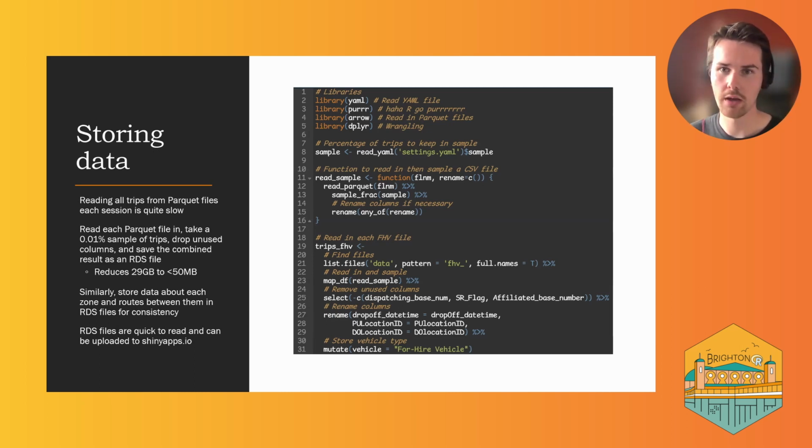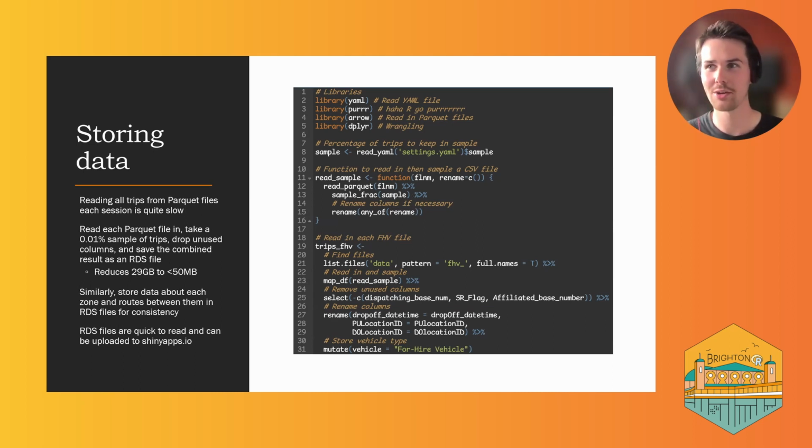So we've got some code here where, if I tried to load all of the Parquet files, combine them, and then take a 0.01% sample, my computer would run out of memory. It can't load all of this data at once. So what we do is we load one file, take the sample of it, stick it onto the collection, and then go through all the files rather than taking the sample at the end. And you can see I've got this nice little function that reads in the file on line 12 and then takes a sample.